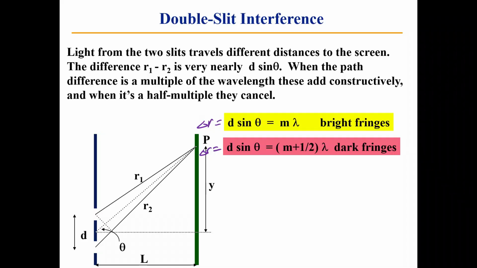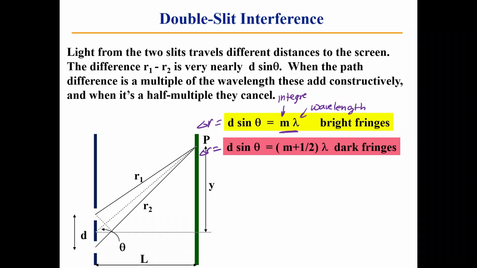So when our delta R is equal to m lambda, where lambda is our wavelength and m is an integer, then we would have a bright fringe.